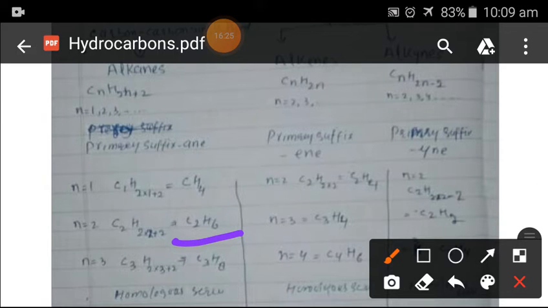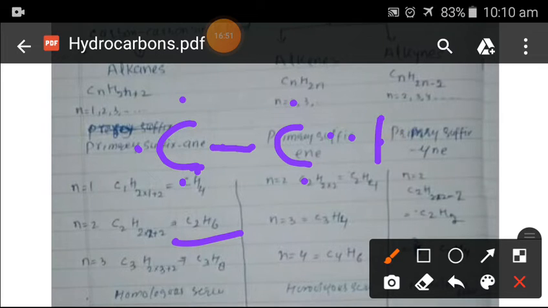Similarly, what will be the second member? C2H6. First you will write that carbon undergoes mutual sharing with a second carbon atom. Clear? Because each carbon atom contains 4 valence electrons. So here one electron is mutually shared with this carbon, and they form a bond that is called a covalent bond, and the rest of the valencies are fulfilled by hydrogen.